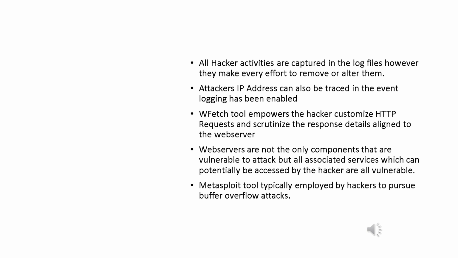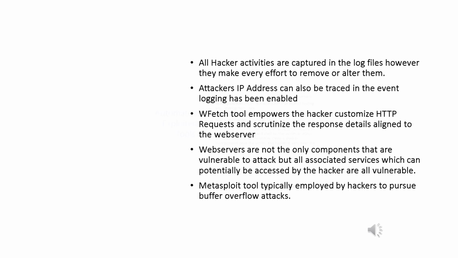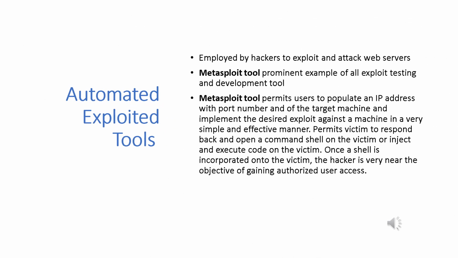The Metasploit tool is typically employed by hackers to pursue buffer overflow attacks. Automated exploit tools are employed by hackers to exploit and attack web servers. The Metasploit tool is a prominent example of an exploit testing and development tool.